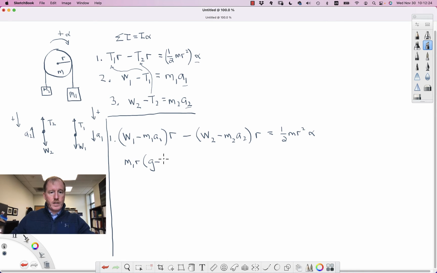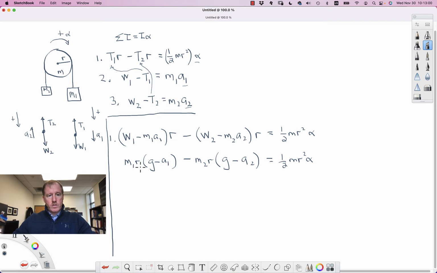So I have g minus a1, minus, well, weight 2 is m2 times g, so I'm going to factor out an m2 times this r right here, and I'll have g minus a2, and then over here I still have 1/2 mr squared times alpha. Okay, so again, this first term m1rg comes from the weight, and the second term m1r times a1 comes from this term right here, and so on.